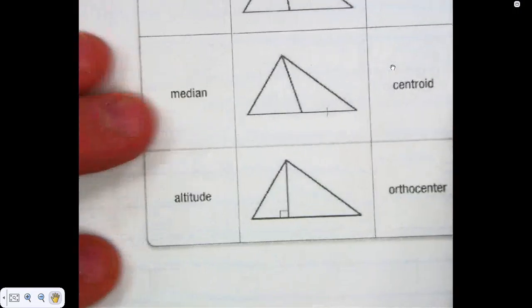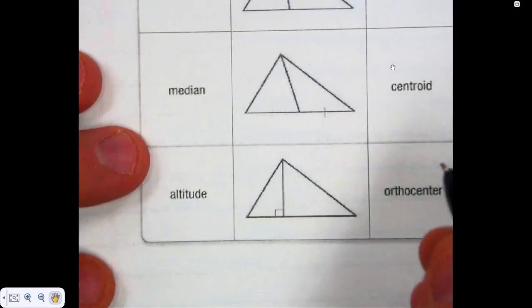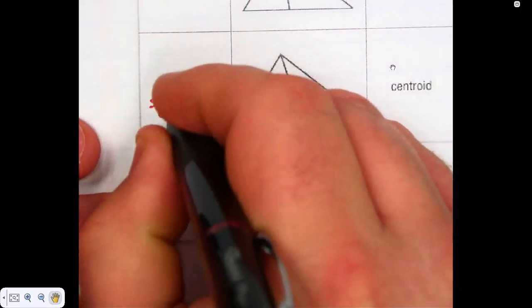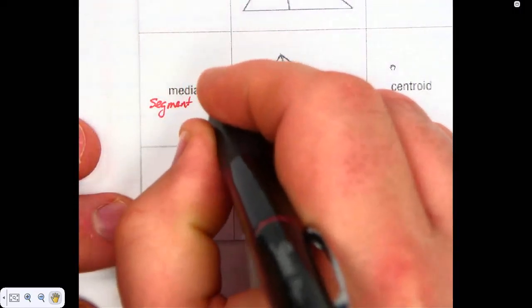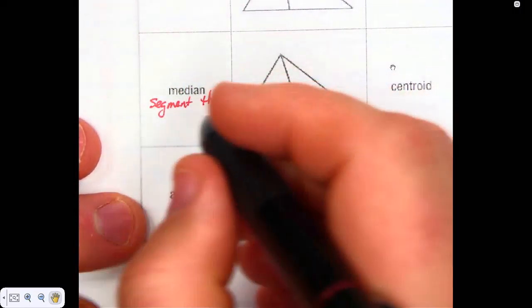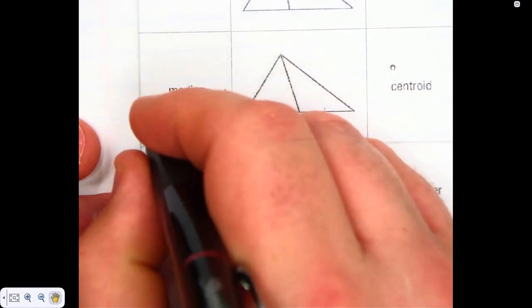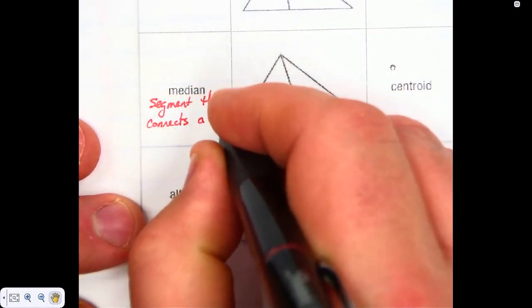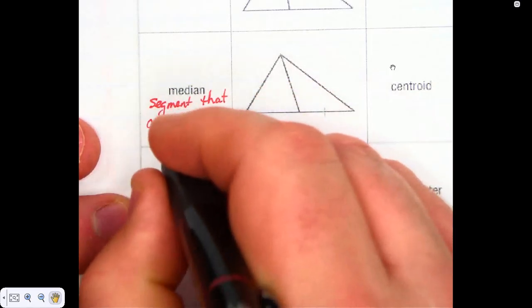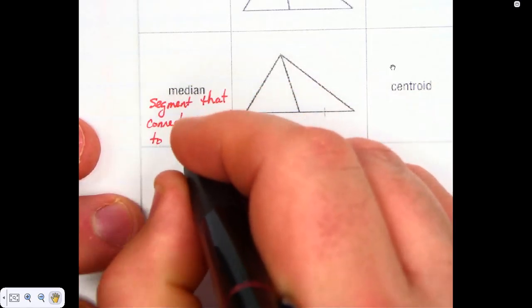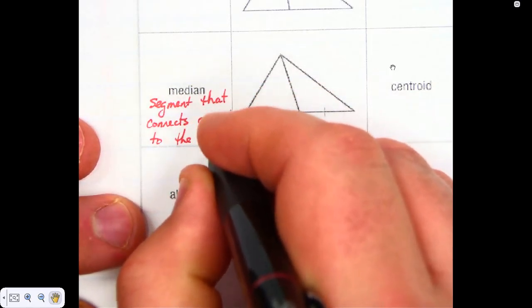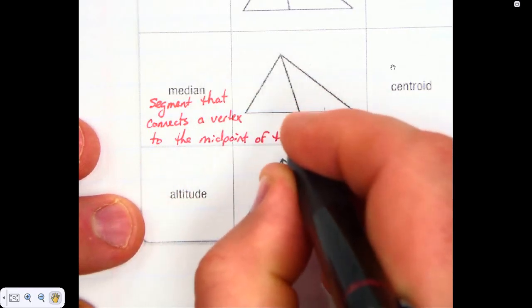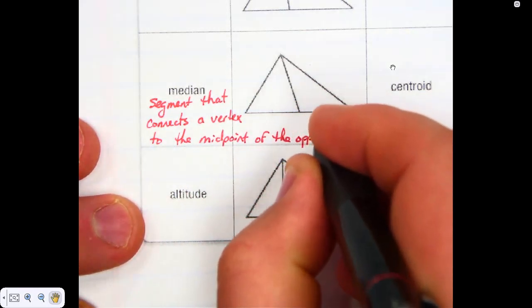The median, we can write on here, is a segment that connects a vertex to the midpoint of the opposite side.